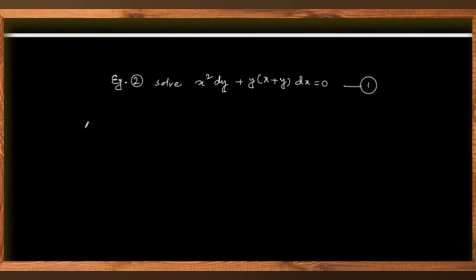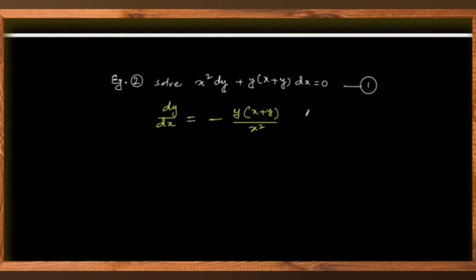Now try to solve another question. We can write equation 1 as dy/dx equals negative y times (x plus y) upon x square.